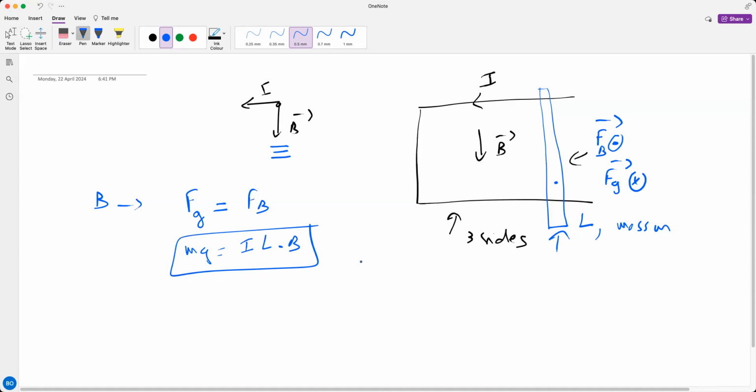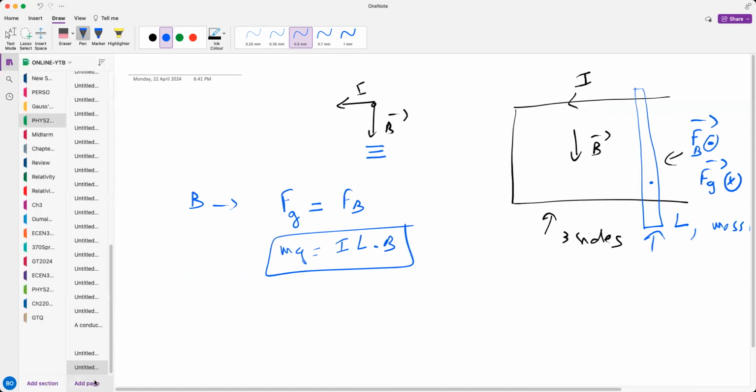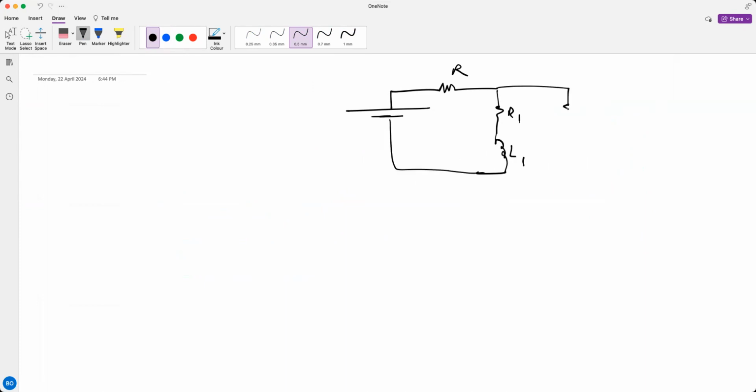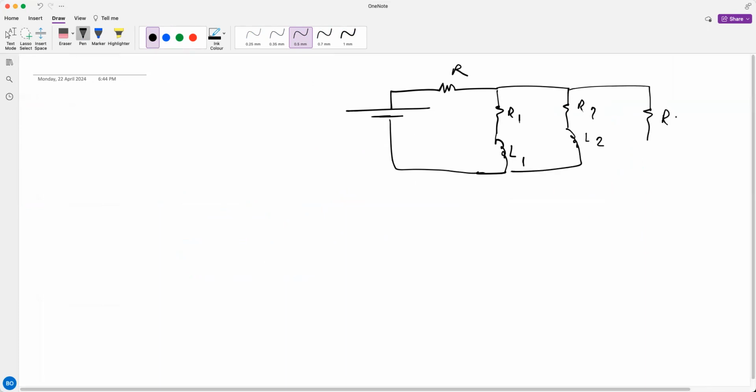Okay? The last part is the optional part, which is the inductor. Now, let's give an example. I have this R1 with inductor L1, and this is R2 with inductor L2, and this is a resistor R3.